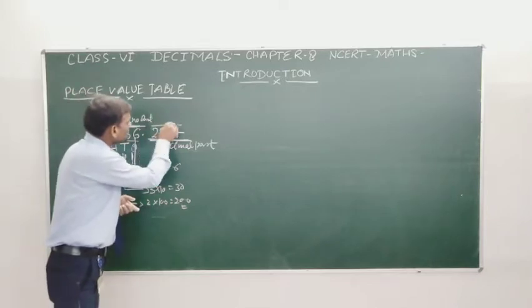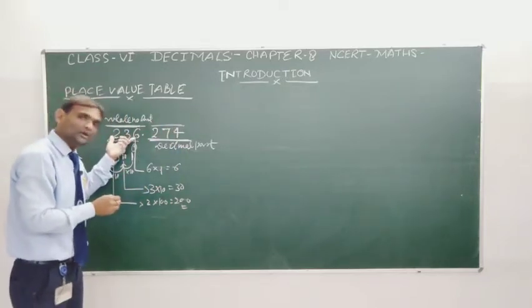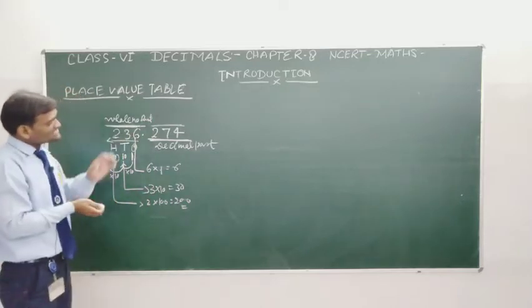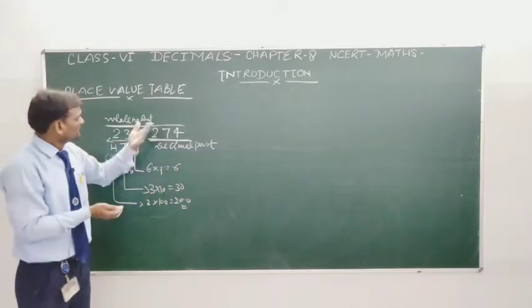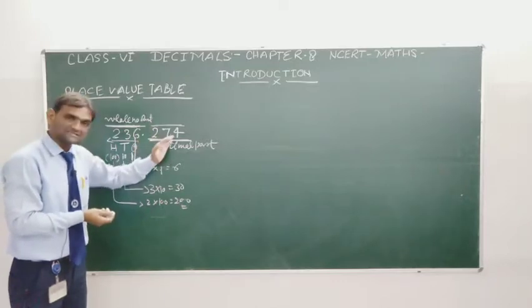Whatever work you do in it, all will be opposite of the whole number. It means if we ask you to decide the place, my first work will be to decide the place of the fractional part.